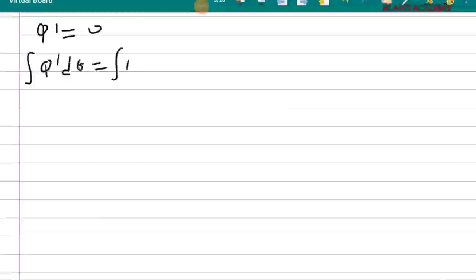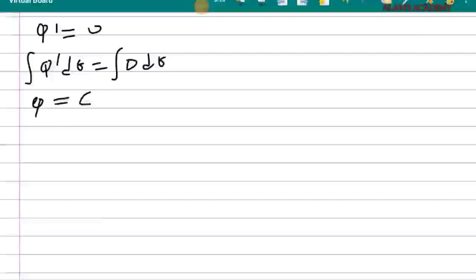Now we know that since q is the potential function, then q prime will be equal to 0. Now take the integral on both sides with respect to t. So I have the integral of this with respect to t, the integral of this with respect to t, and therefore I have this equal to c.